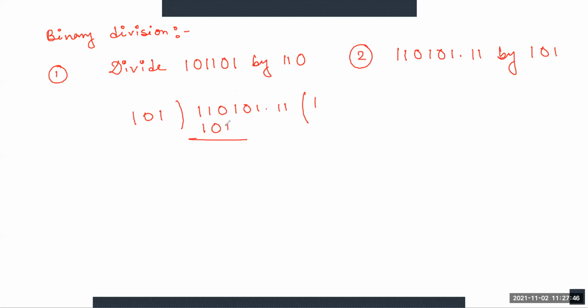After subtraction, 0 minus 1 is 1, and here it is 0. From this we are taking 1. After taking 1, the value is now 3, but here it is 5. So it is not divisible, so here we are putting 0.